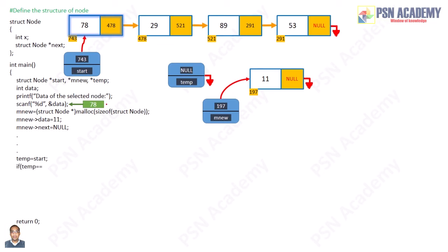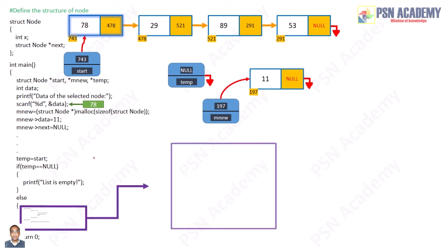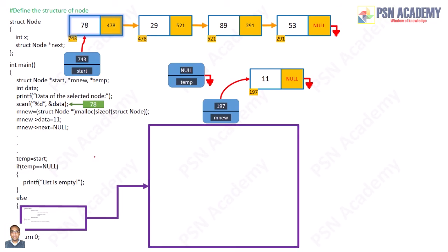Now there is a check that if temp is null, then print that list is empty. Otherwise, the list is not empty and the start itself is not null. So temp will point to the address 743, just like the start.